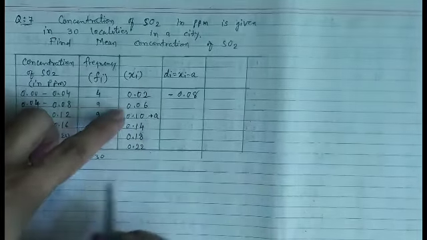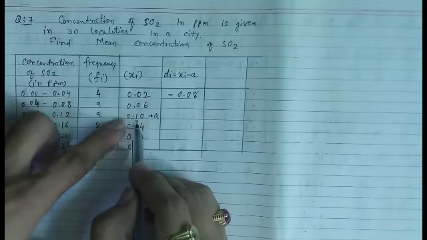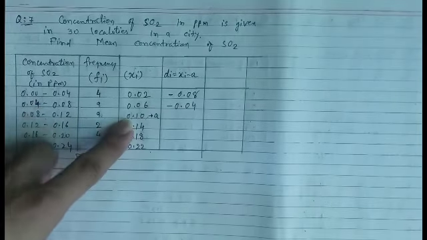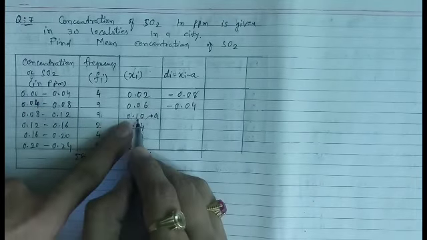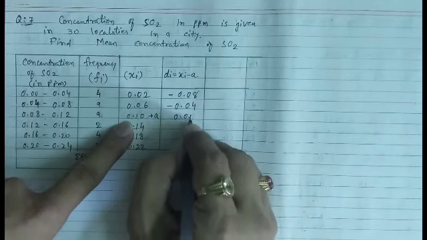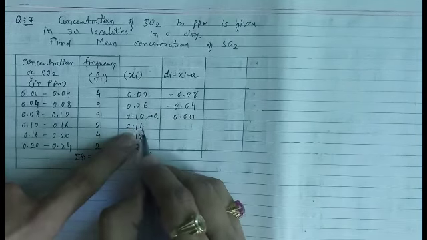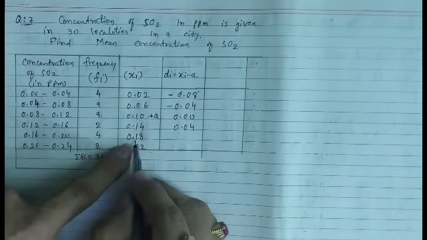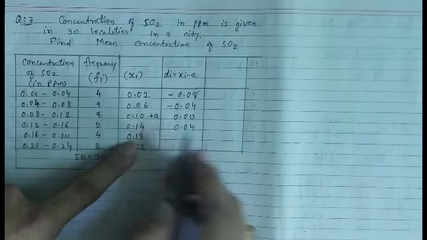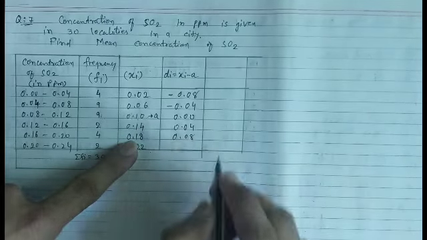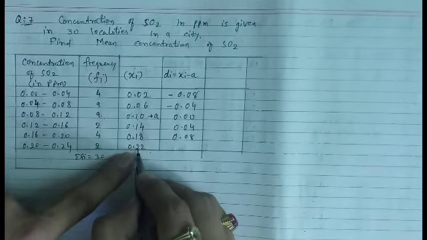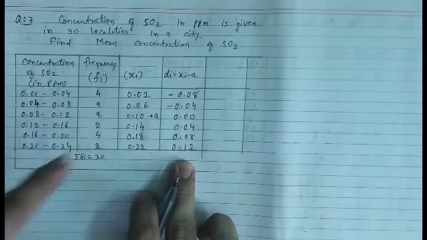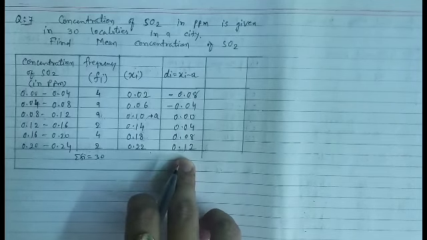Now for the second term, Xi minus A, 0.06 minus 0.10 will be minus 0.04. Then next, 0.10 minus 0.10 will be 0.00. Next is 0.14 minus 0.10, will be 0.04. Next is 0.18 minus 0.10, will be 0.08. And the next is 0.22 minus 0.10, that will be 0.12. So these are the Di for each individual term.